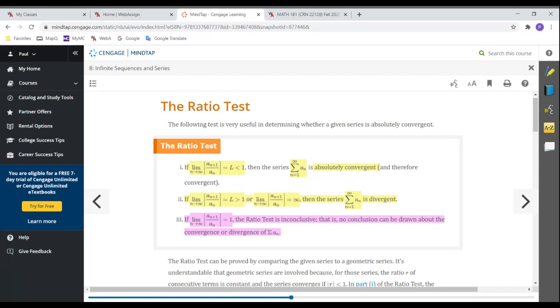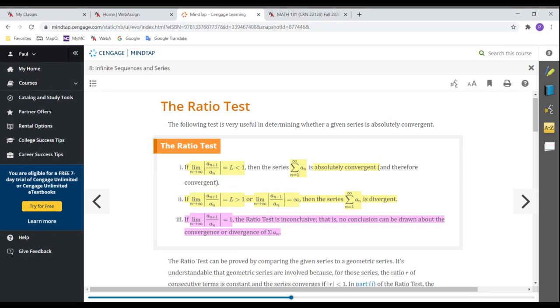In other words, no conclusions can be drawn about convergence or divergence of your series. So what happens is, a lot of times when students see the ratio test, they say, well, gee, this looks pretty easy to use. I don't have to think too much. I'll just apply the ratio test to see if my series converges or diverges.